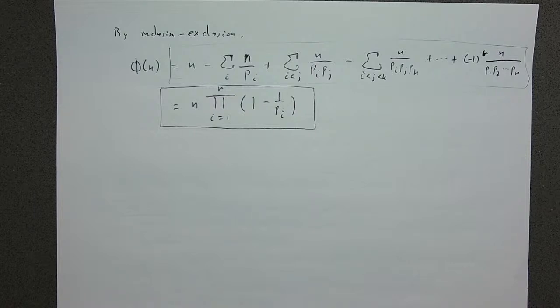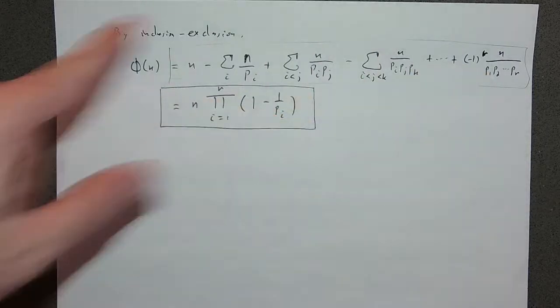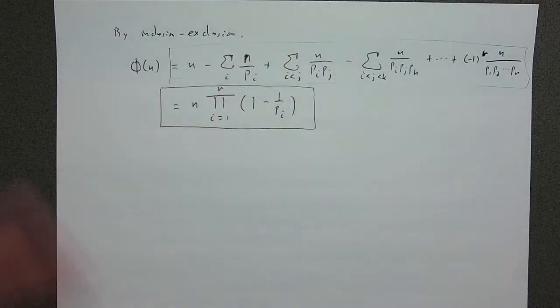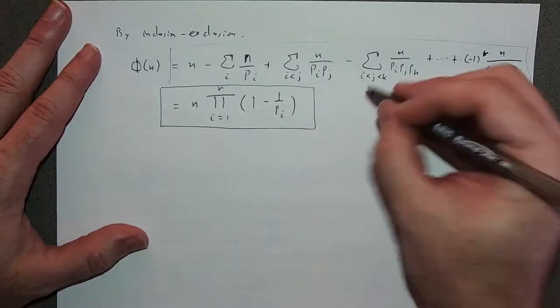With a little bit of algebra, this simplifies. You see how the n pulls out, so you're left with ones in all these numerators, and then work out the algebra here to see that we have exactly this. So this is an exercise.